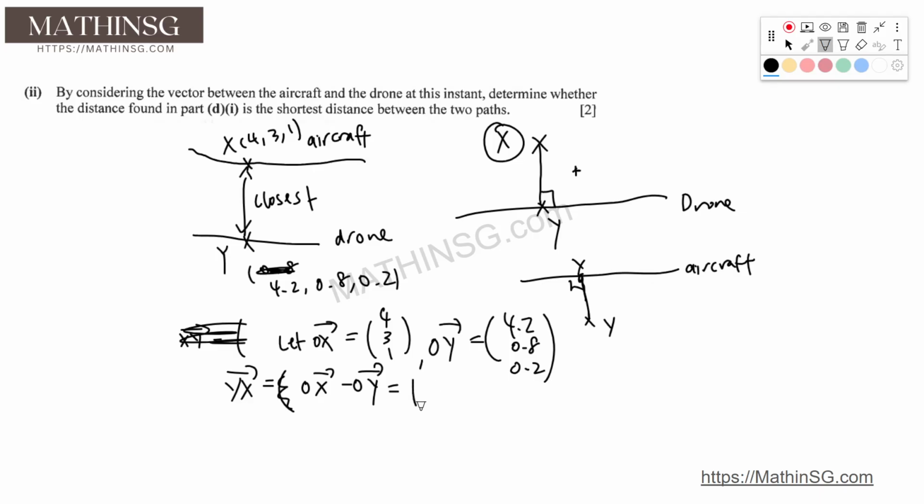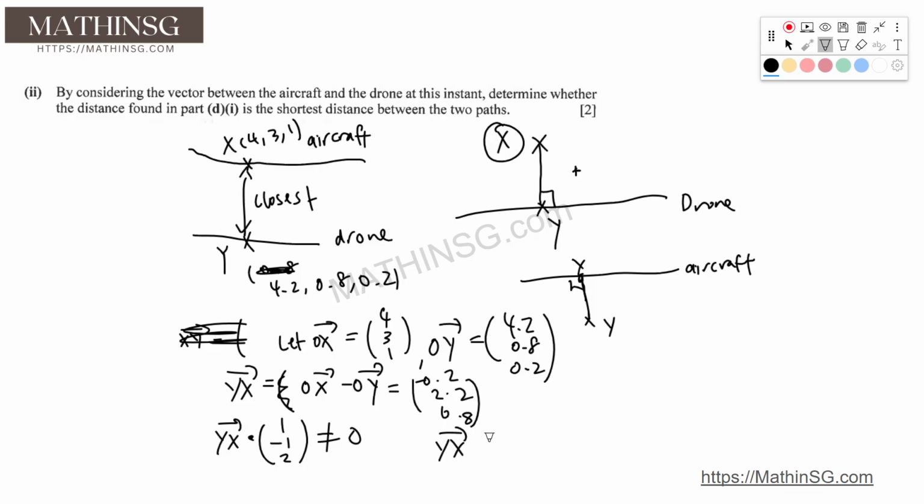You should get (0.2, 2.2, 0.8). Next, you need to find YX dot the direction vector of the aircraft, which is (1, -1, 2), and you realize that it's not equal to 0.